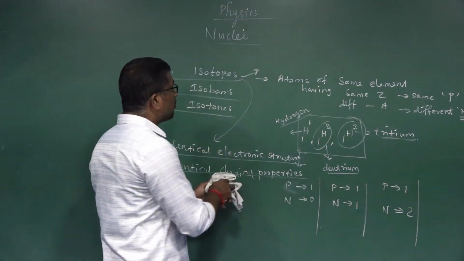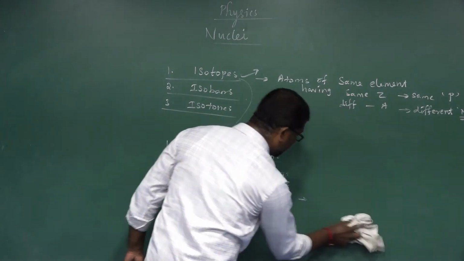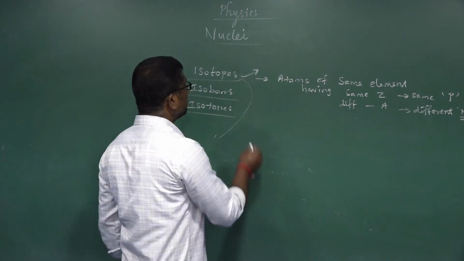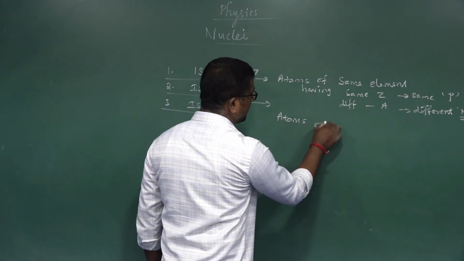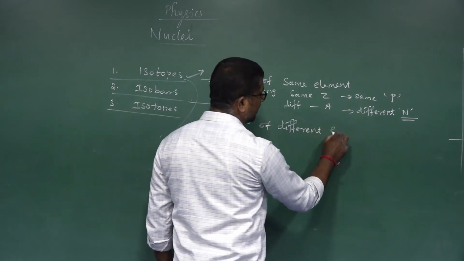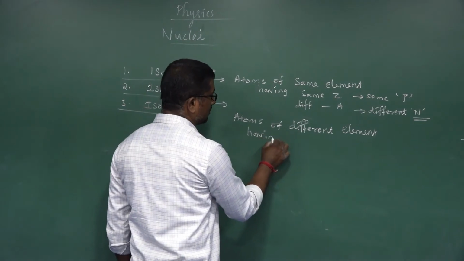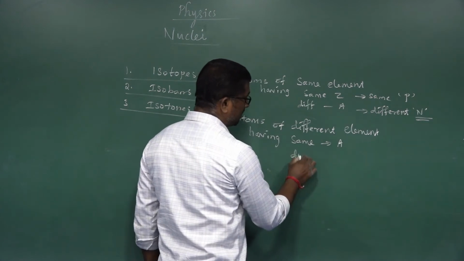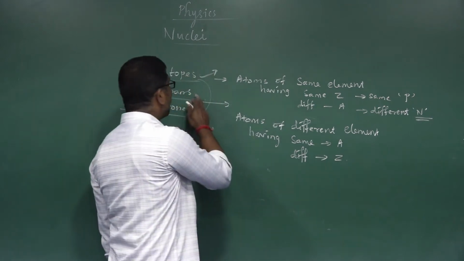But in the case of isobars, the atoms of different elements having the same mass number but different atomic number are called isobars.